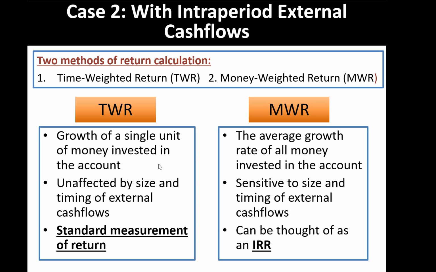Money-weighted return, on the other hand, represents the average growth rate of all the money invested in the account, and that includes when you have inter-period deposits or withdrawals. As a result, this does make the money-weighted return, which I'll call MWR here, sensitive to the size and timing of external cash flows. And it can then be thought of as an internal rate of return.